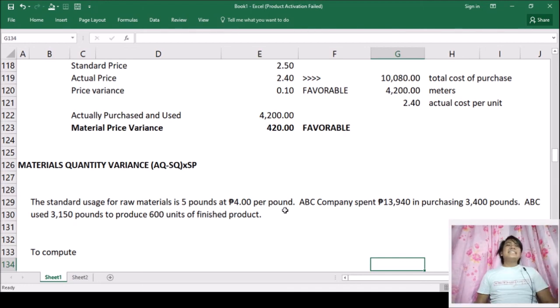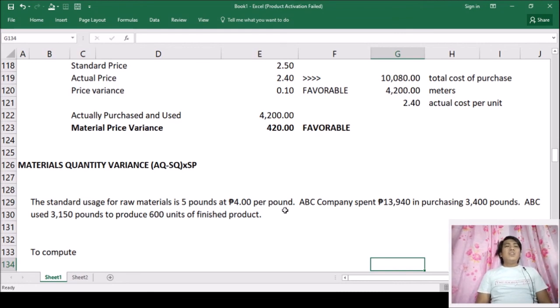In this case, we have a standard usage of 5 pounds for each item. The actual purchase and the actual usage in pounds were also given. Now, what are we going to use if we are going to compute the material quantity variance? The material quantity variance has another term, material usage variance.